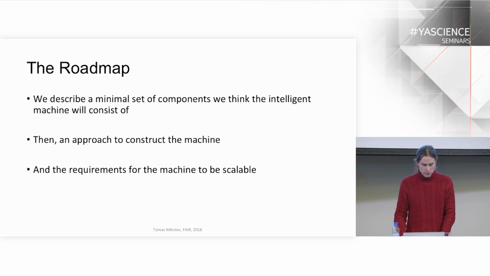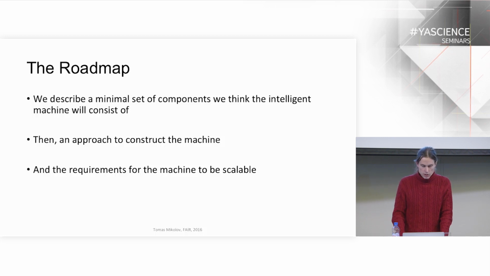So for the roadmap, of course, there are plenty of things that we could consider, but then it would be quite difficult to see any direction. So while defining the roadmap, we tried to pick a minimal set of components that will be truly required to be part of the intelligent machine, because we believe that we can't really discard them, and everything that can be discarded we didn't include in the roadmap.